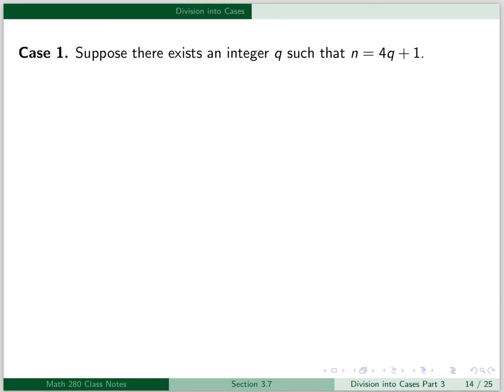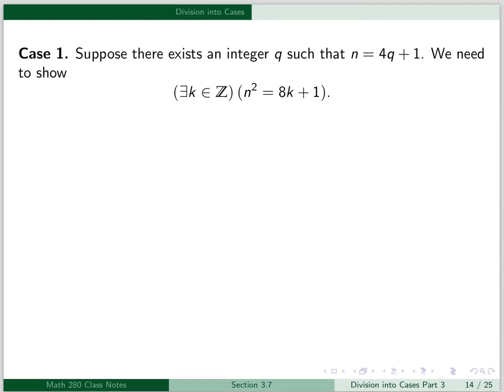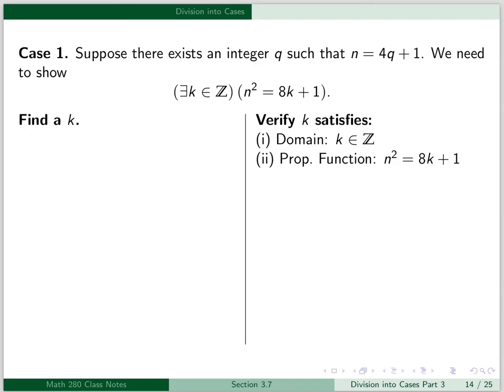For case 1, we're going to suppose there exists an integer q such that n is 4q plus 1. We need to show there exists an integer k such that n squared is 8k plus 1. Since we have an existential statement, we'll set up our 2 columns. We need to find a k and then verify that our k satisfies the 2 conditions.